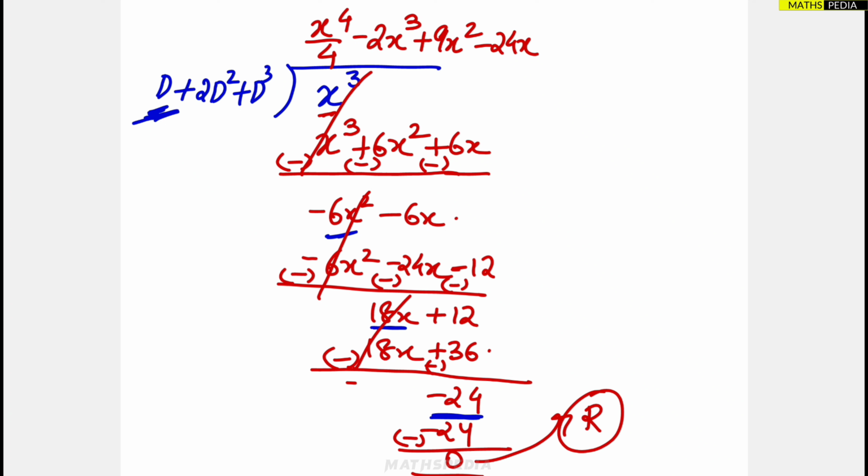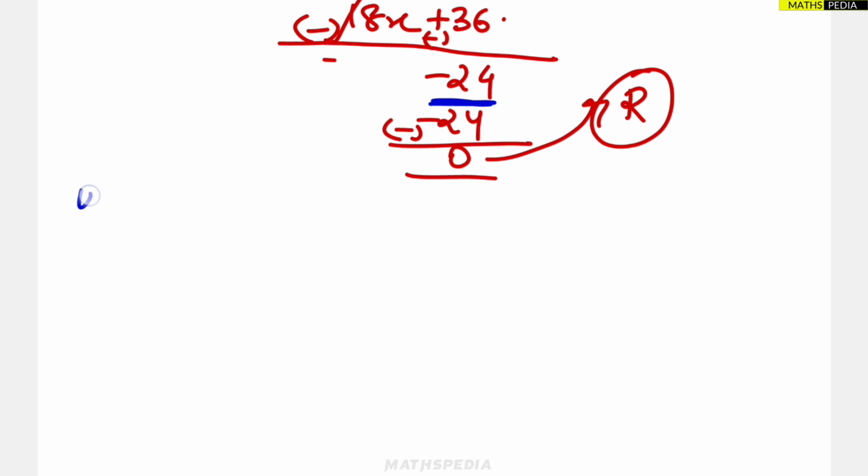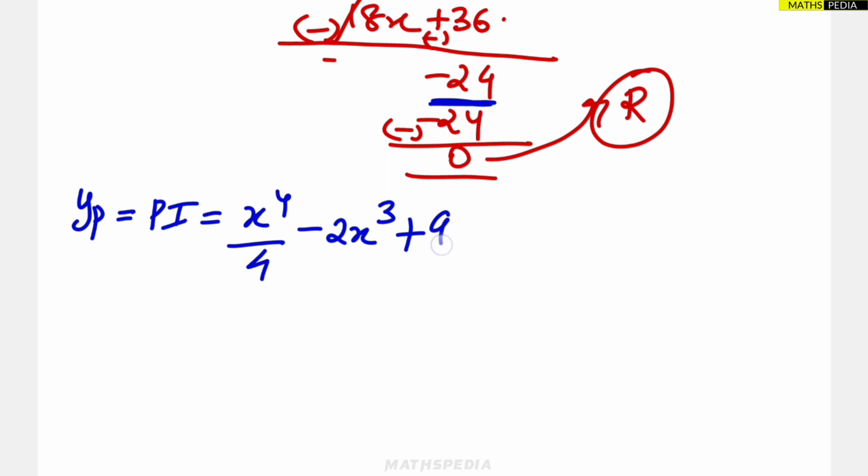Okay. So after getting 0 as a remainder, as I said, what is the yp value? The yp value is nothing but the quotient. Whatever quotient is there, that is nothing but the yp value. So the yp value we got is x power 4 by 4 minus 2x cube plus 9x square minus 24x. Now what will be the entire solution?